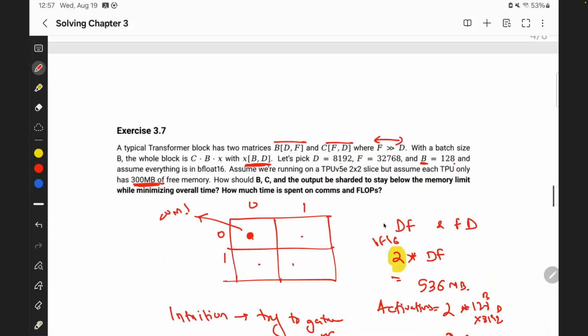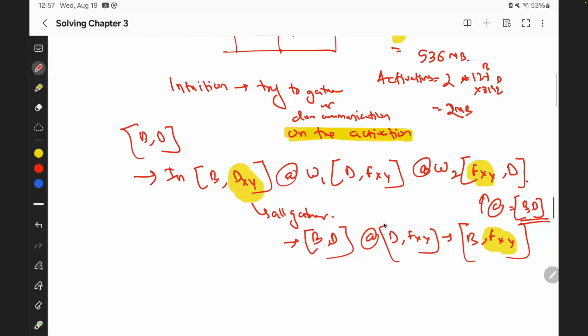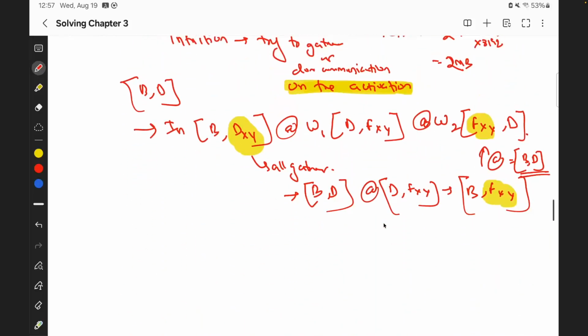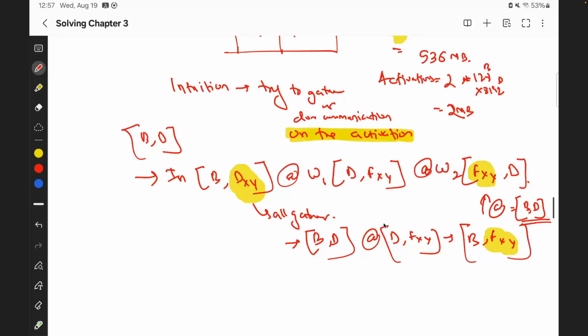Transformer is a very homogeneous architecture, so whatever shape goes in also comes out. We had activations of B by D, and now we send back activations of B by D. This kind of sharding is really helpful: you do the all-gather and then the matrix multiplication.